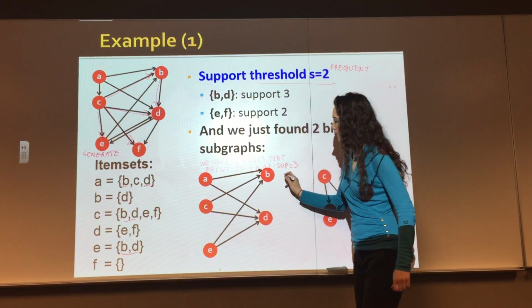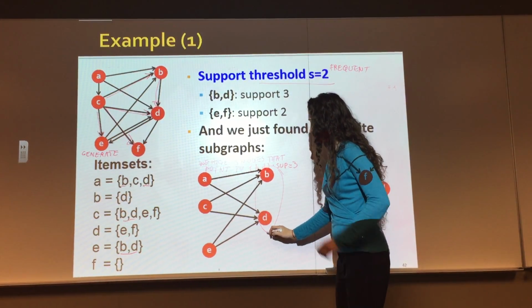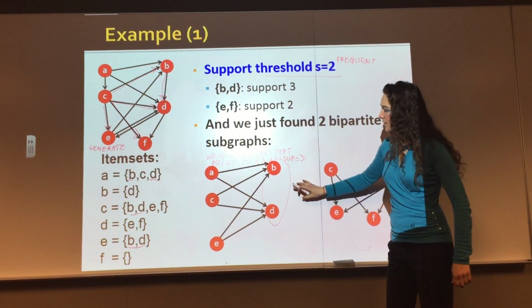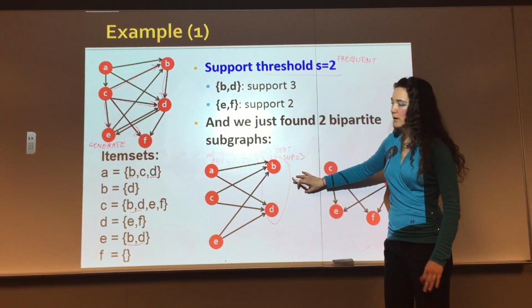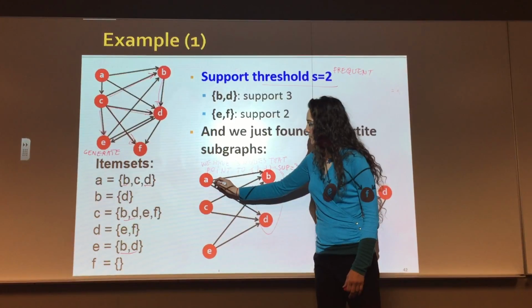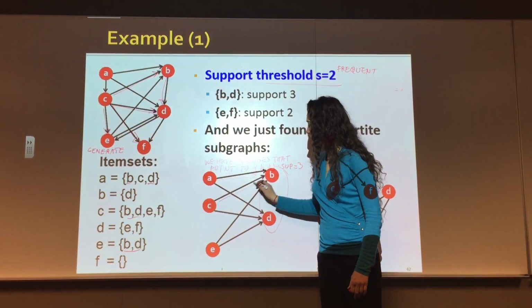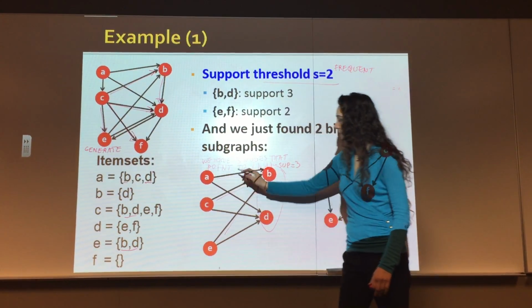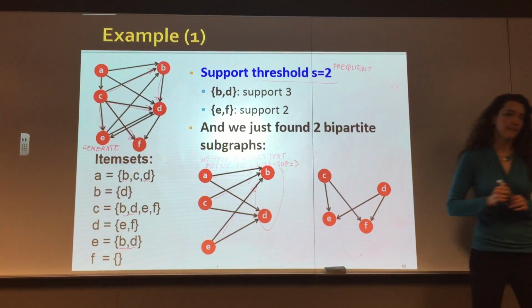So as you can see, this is BD, this is the second part of our graph, and there are 3 nodes that point to them, A, C, and E.